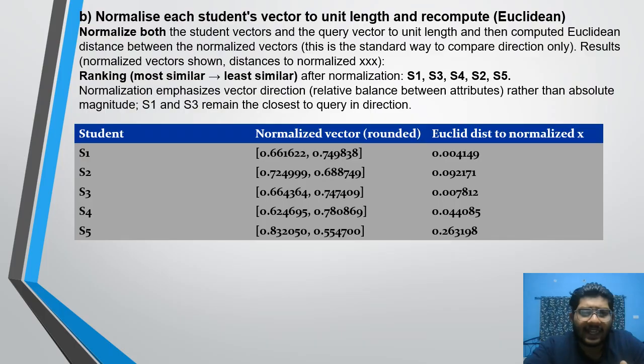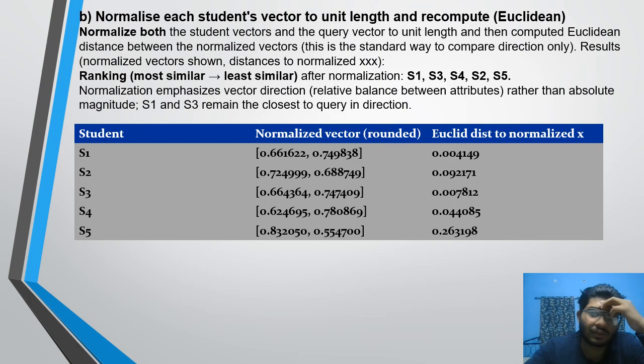Now, ranking most similar to least similar, similarly to what we did in the second last slide, right? S1, S3, S4, S2, and S5. Normalization emphasizes vector direction, obviously, the relative balance between attributes rather than absolute magnitude.